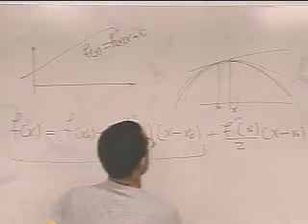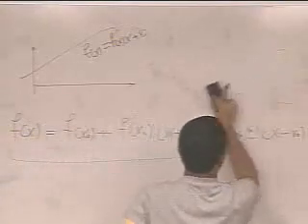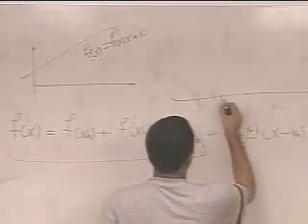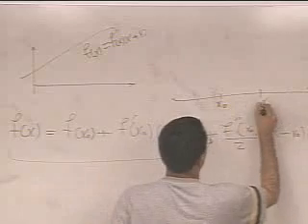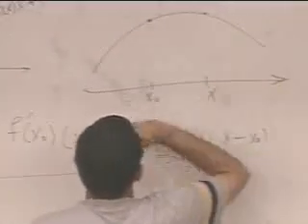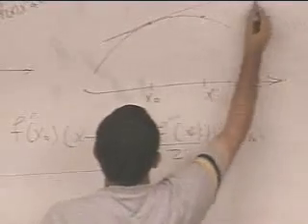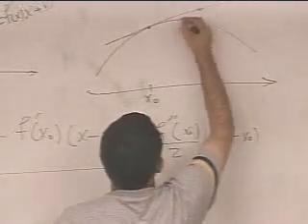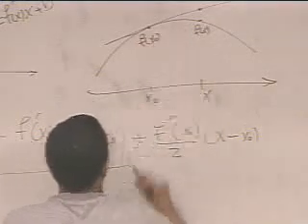So this is what's happening. This is point x0, this is point x. This is my function. I'm saying that for finding f of x, which is this, I do this. But I know the value of the function at x0.